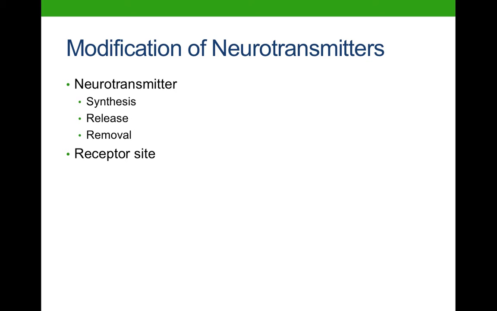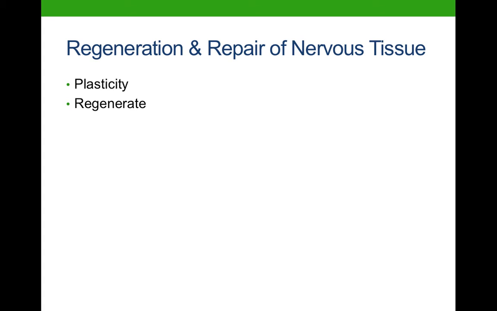Also, if we stimulate or inhibit the removal of the neurotransmitter. And finally, by blocking or activating the receptor site, so where the neurotransmitter would bind. Any one or combination of these things can modify our neurotransmitters.